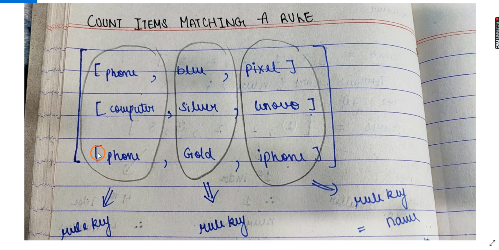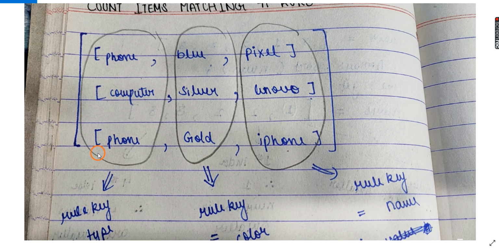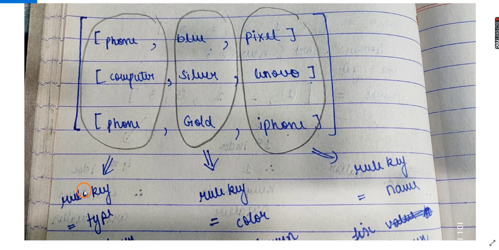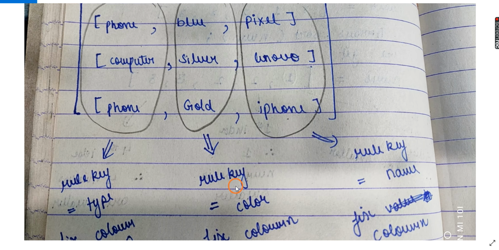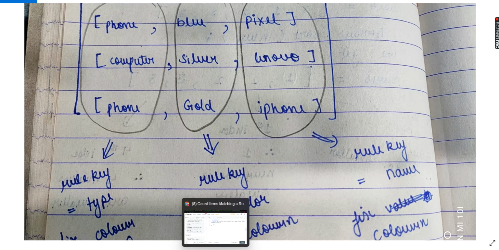So what we have to do here is, if our rule key is equal to type, we will fix our column to 0. If we are given rule key equal to color, we will fix our column to 1.